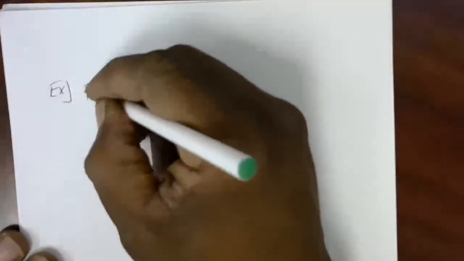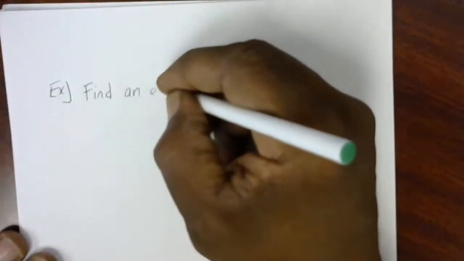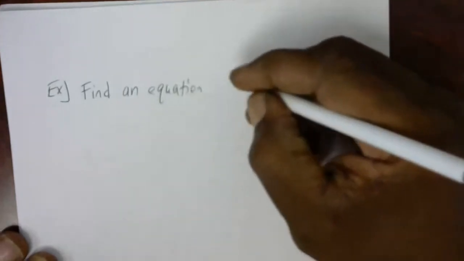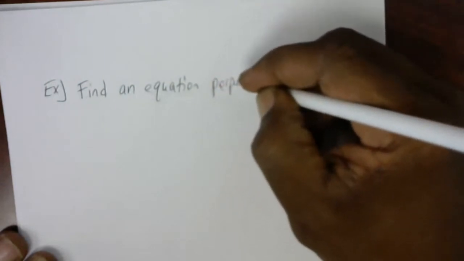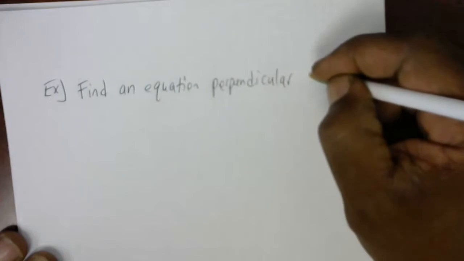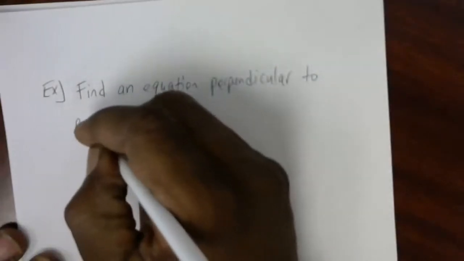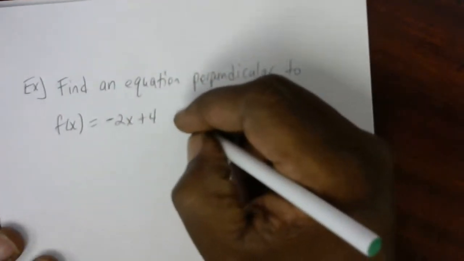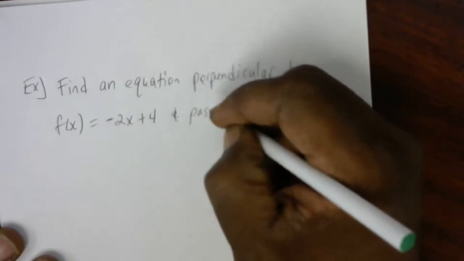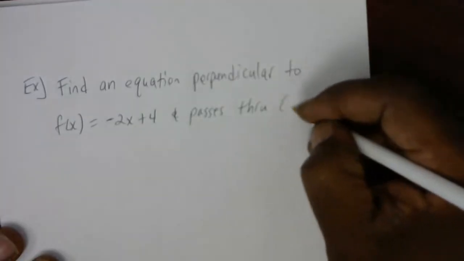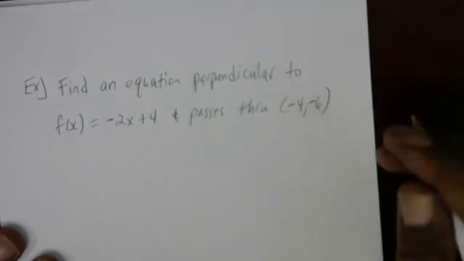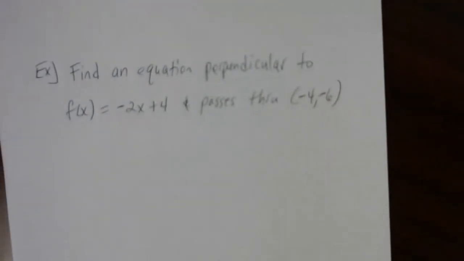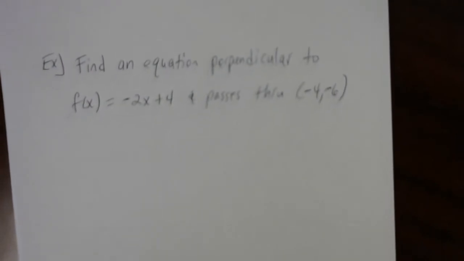So here we want to find an equation perpendicular to f of x is equal to -2x plus 4 and passes through -4 comma -6. At this time, I'll give you about 5 minutes or so. I would like for you to attempt to work the problem, and then we'll take a look at the solution together.